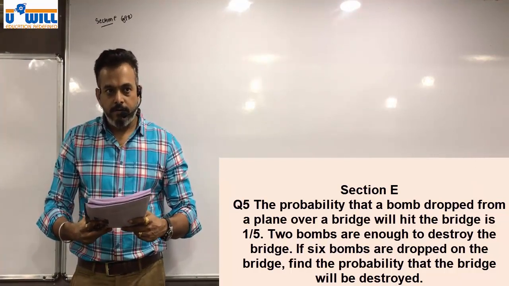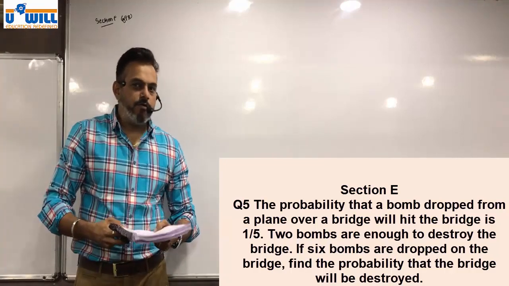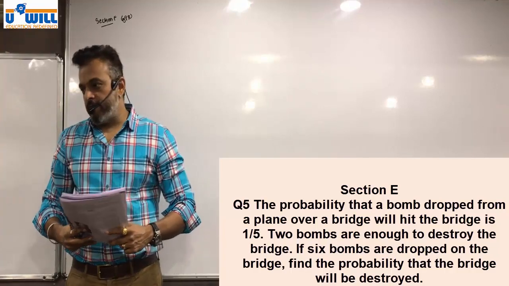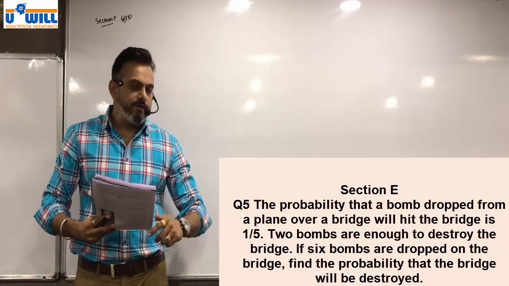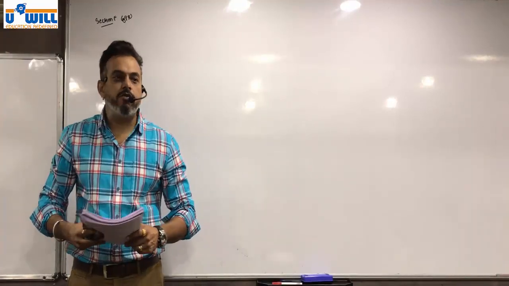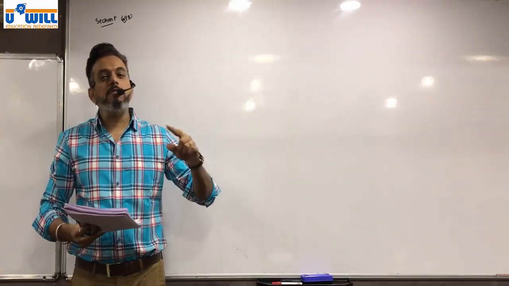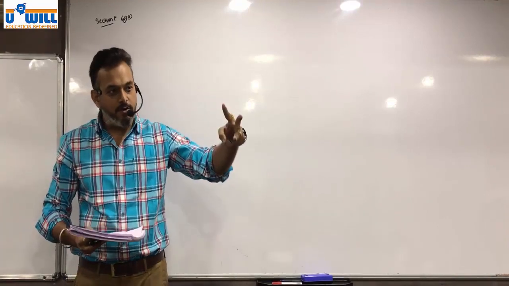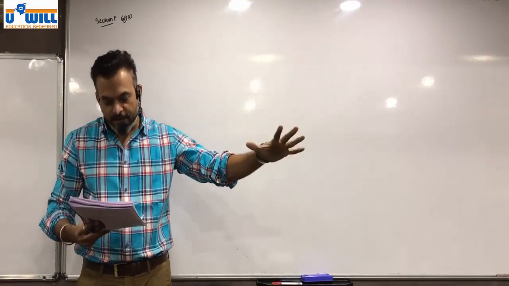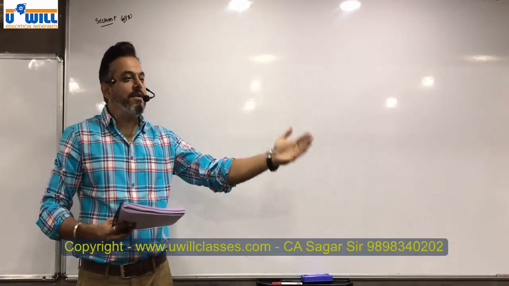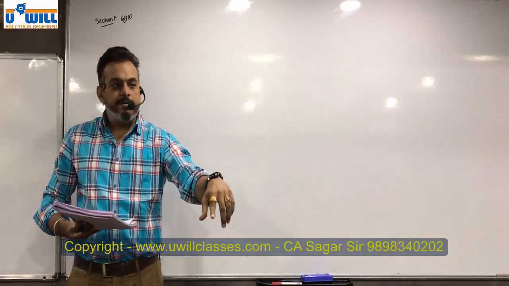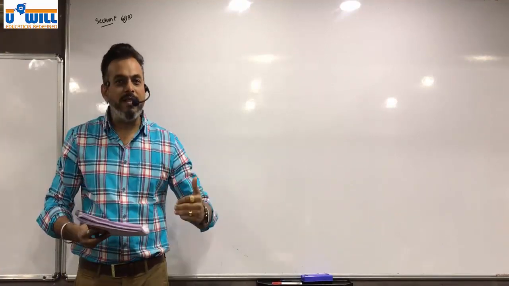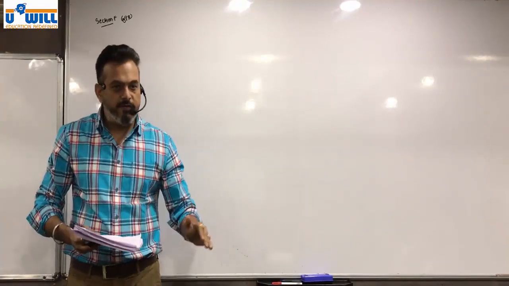What is N? 6. Very good. What is X? 2 is wrong. 2 or more is correct, क्योंकि 2 से ब्रिज डिस्ट्रॉय होगा तो 3 से भी होगा, 4 से भी होगा, 5 से भी होगा और 6 से भी होगा, पर किससे डिस्ट्रॉय नहीं होगा? 0 or 1 say bridge will not be destroyed.